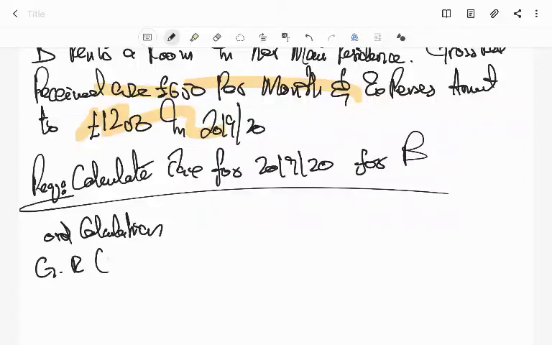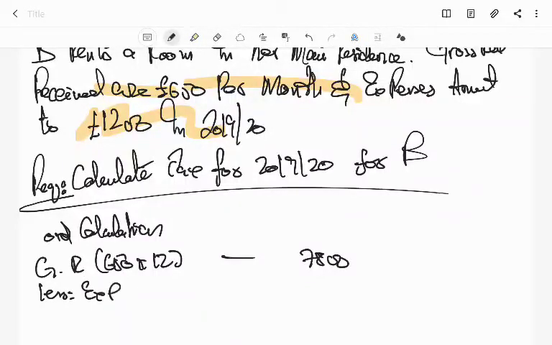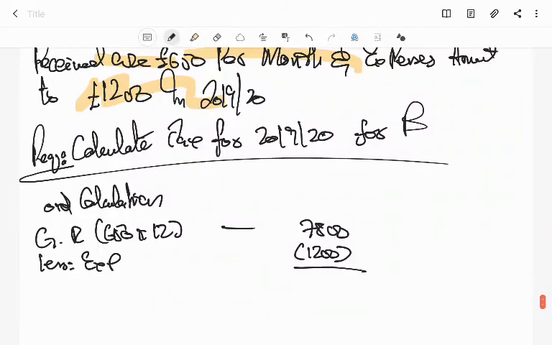Gross rent 650 multiplied by 12 gives 7,800. Less expenses 1,200. Property income 6,600.